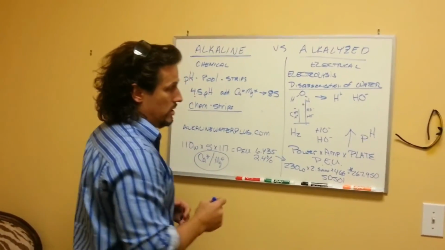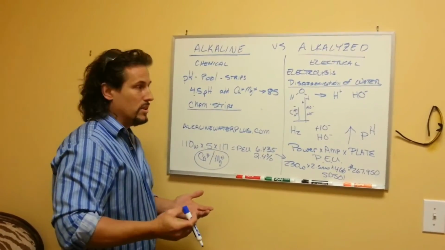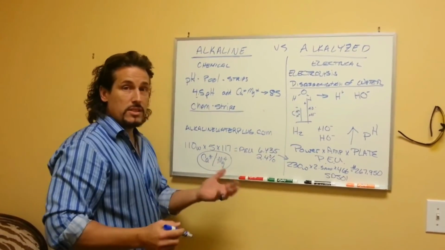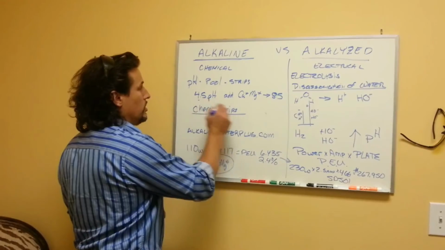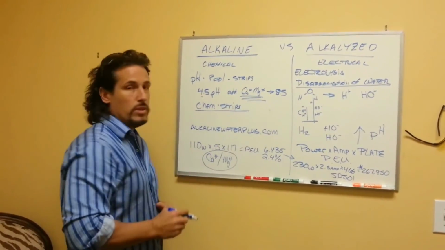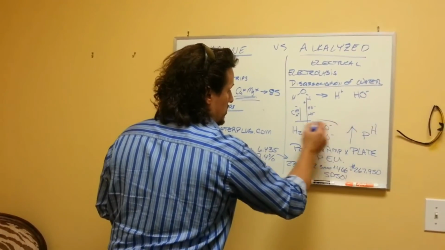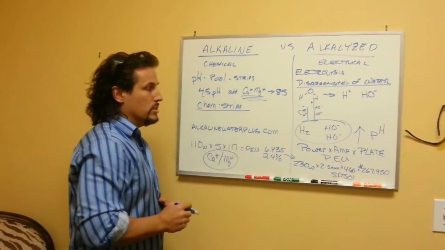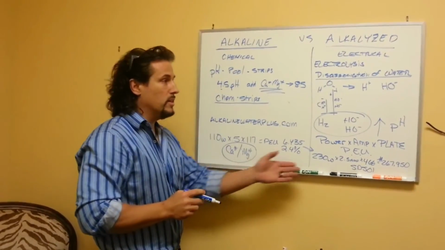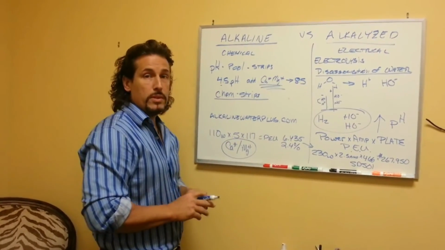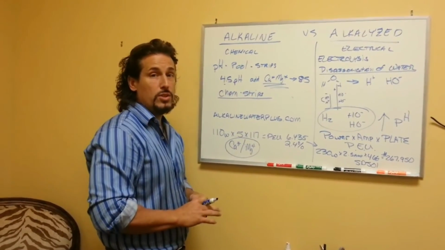Alkalyzed water, on the other hand, doesn't add any chemicals. It's not going to stress, for instance, the stomach when you drink it. The stomach is going to be looking for this to neutralize it. It is not looking for this right here. So as soon as this water is absorbed into the body, the charge is absorbed, and your pH becomes essentially neutral.